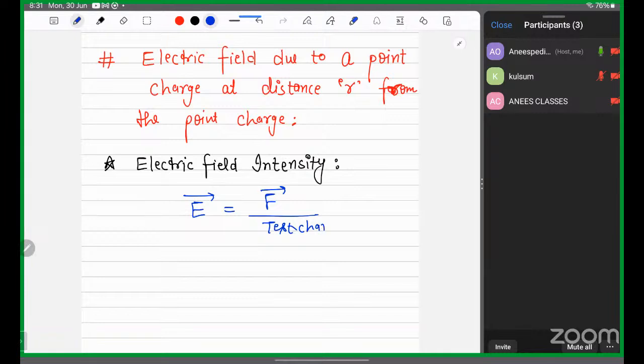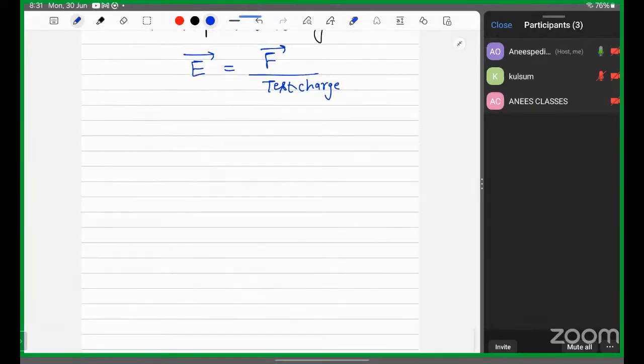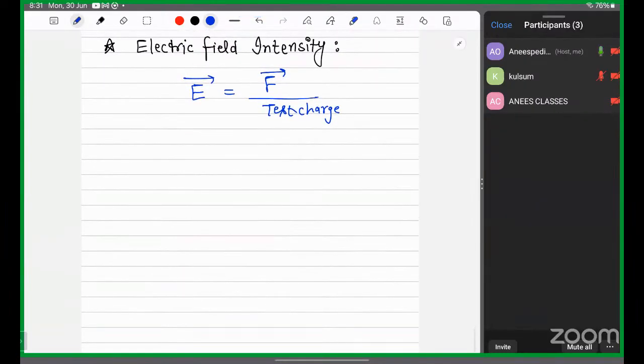Remember, in this formula, electric field E is electric force F divided by test charge. Test charge is the charge at which we are experiencing the electric force due to source charge. Source charge is capital Q in the discussion, and test charge is Q naught.